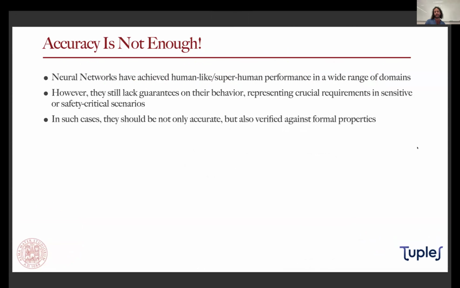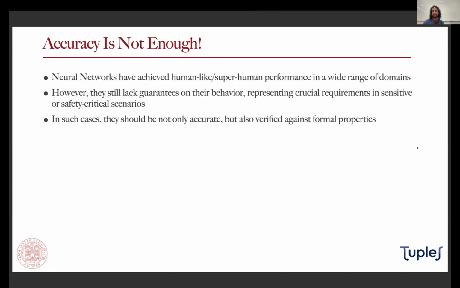We all know that today neural networks are really powerful, so powerful they can outperform humans in a wide variety of domains. But at the same time, these systems can still be pretty unreliable, meaning that we are still unable to provide guarantees on the behavior of the system.